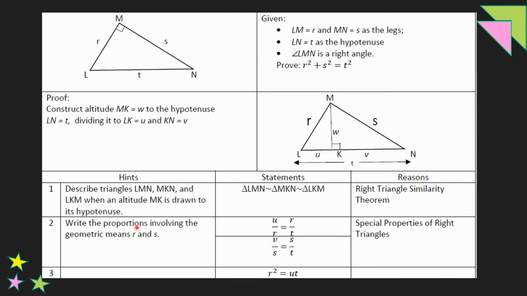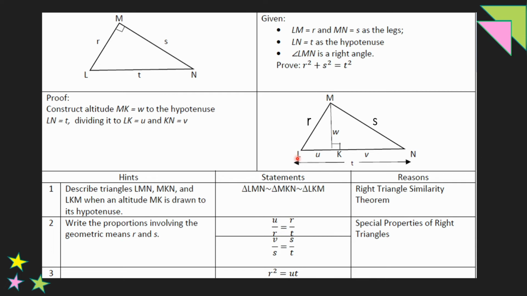Next, number 2. Write the proportions involving the geometric mean R and S. So, we have U over R equals R over T. Our geometric mean here is R. U is this, the shorter leg of triangle LMK.